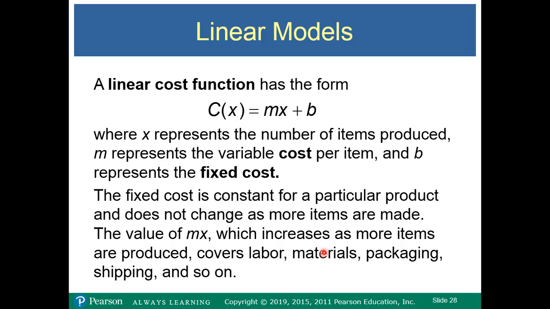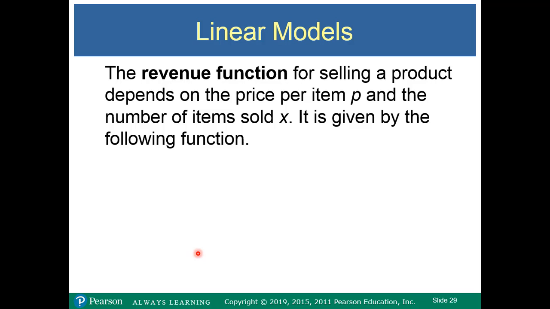If you make fidget spinners, it takes material every time you make one. Or if you create an Xbox, it's going to cost more materials for every single Xbox you create. Packaging, right? Each widget goes into a packaging, and so on and so forth. So that's all part of the marginal cost.